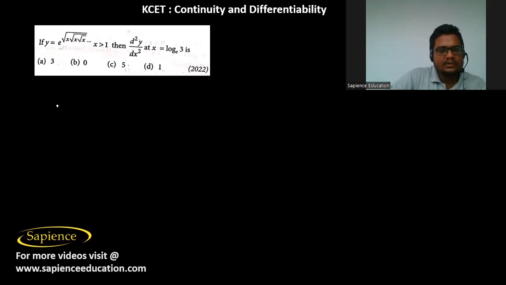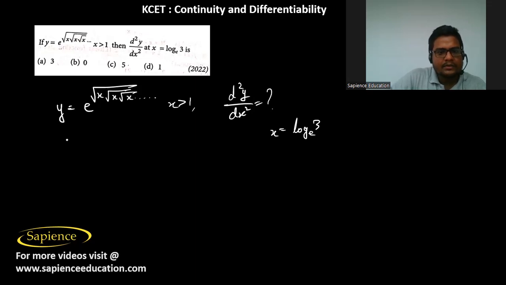Then here it is told that if y equals to e power root over x into root over x, okay, and x is greater than 1, then d square y by dx square we have to find at x equal to log 3 to the base e.